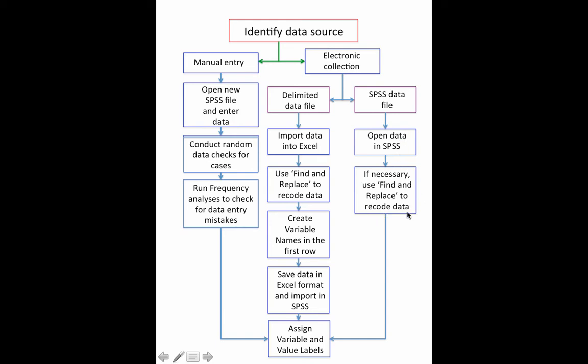and then if necessary, use a find and replace in order to recode the data. This was a step that we didn't mention in the manual data entry, but it could very well also apply there. I mentioned with manual data entry, we might have had a Likert scale situation where the respondents were asked to rate something or respond from strongly agree to strongly disagree.